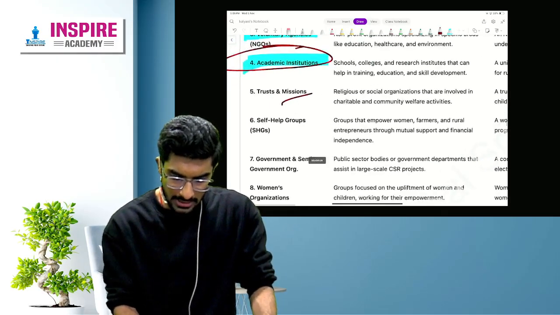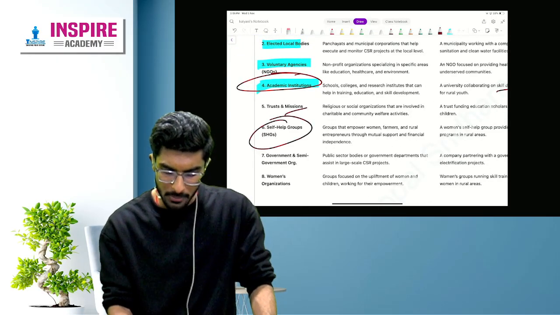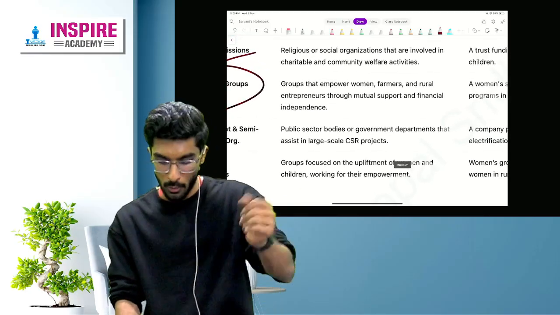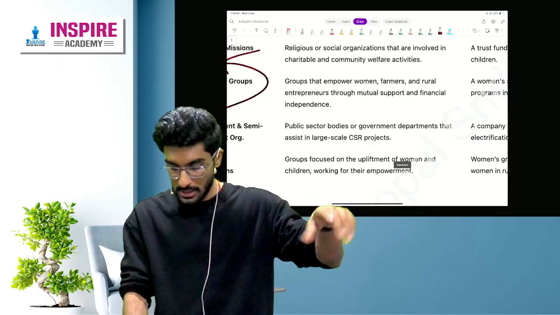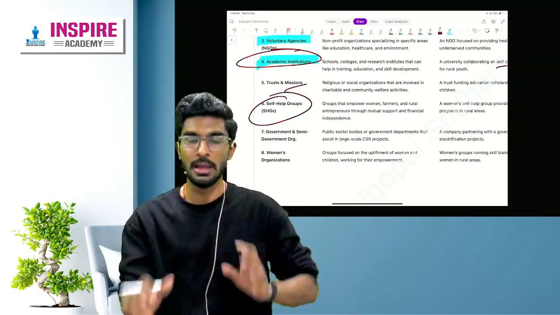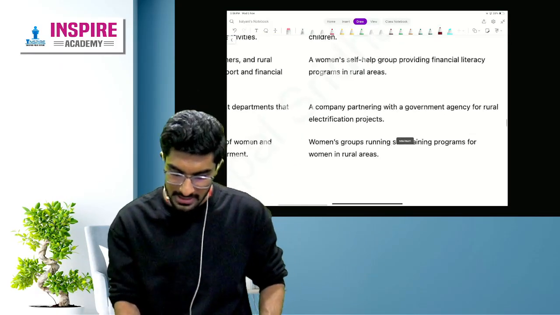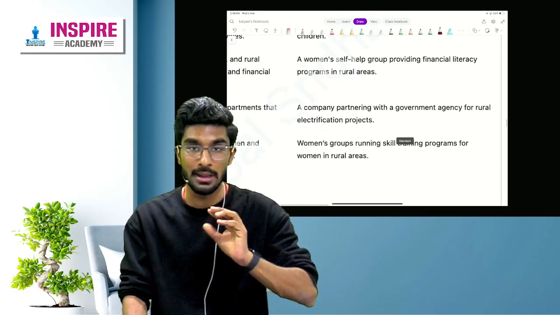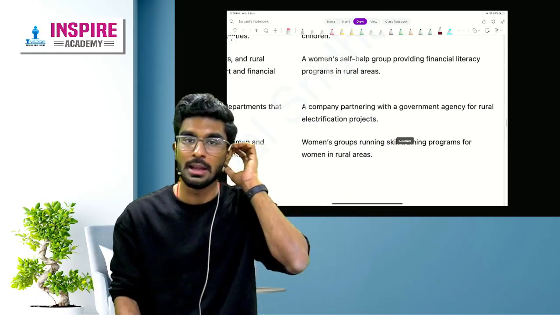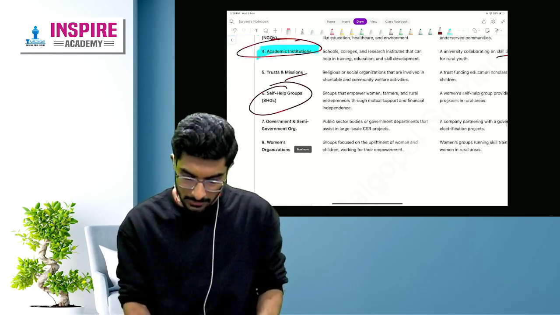And then come self-help groups. These are groups that empower women, farmers and rural entrepreneurs through mutual support and financial independence. So a women's self-help group providing financial literacy programs to women in rural areas will also be categorized under CSR.